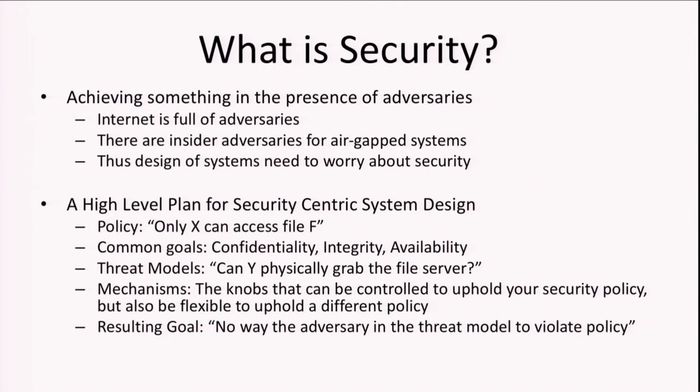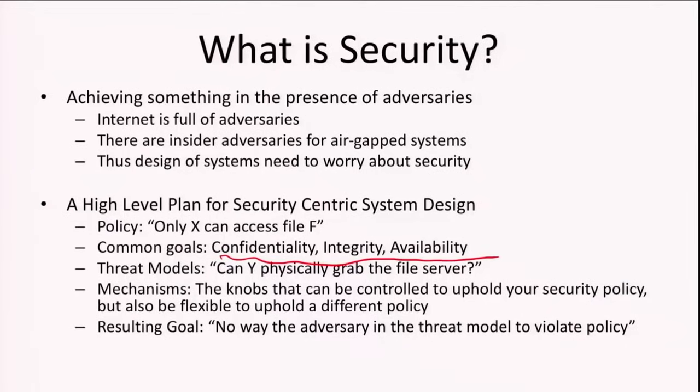So that should not obviously be the case. And then availability. If this file is important for the system to function, then nobody should be able to do something to deny access to this file forever. So these three things, confidentiality, integrity, and availability, are the major tenets of cybersecurity.